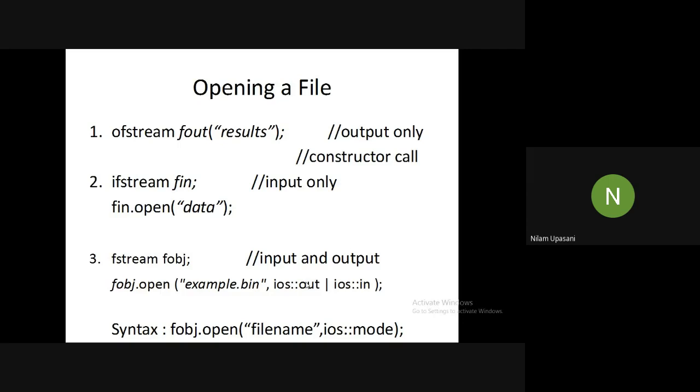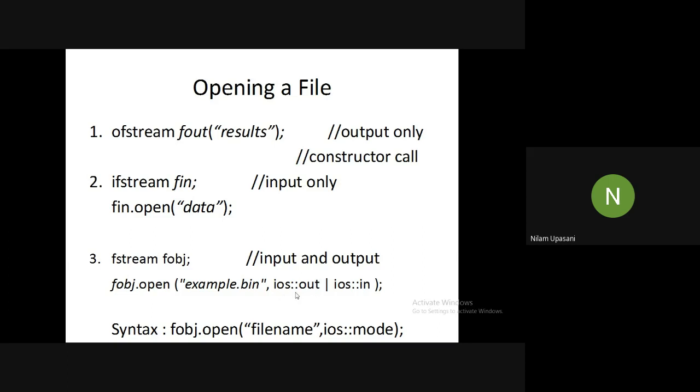So we use these predefined flags, in and out, both modes, separated by this operator. We mention the mode in which we want to open, and all these things you need to mention with the scope resolution operator.